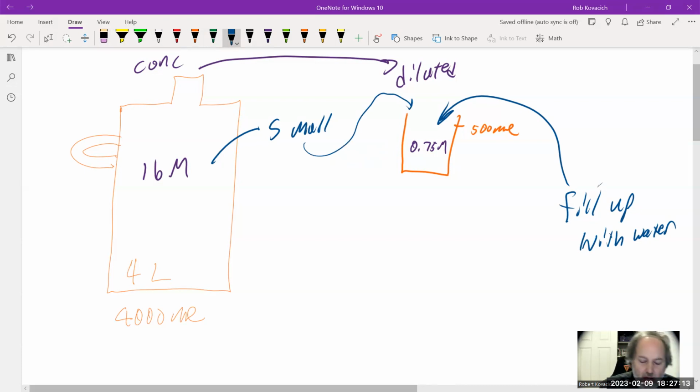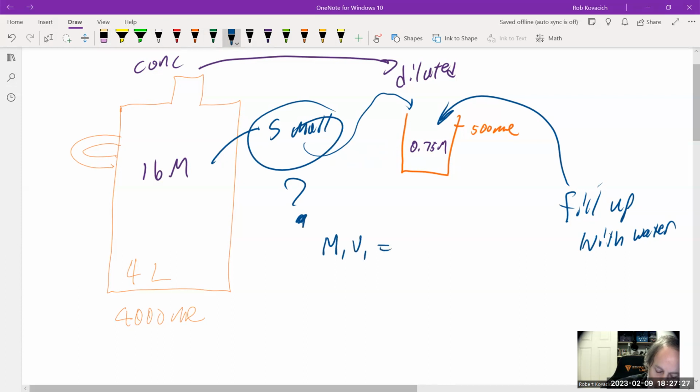So how do I know? The question for all of these dilution equations is, how much of this stuff do I need? All right, so the equation is the molarity of what I have and the volume of what I have, equals the molarity of what I want and the volume of what I want.